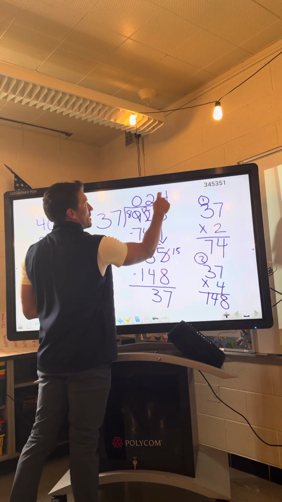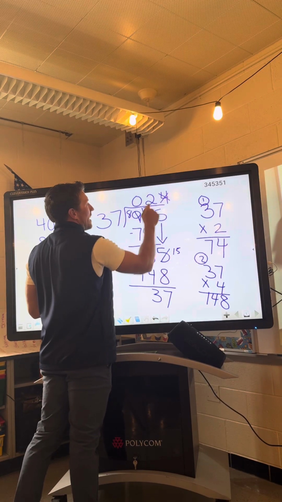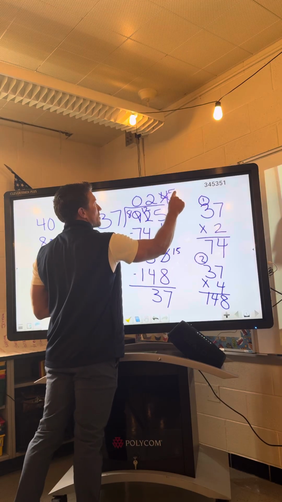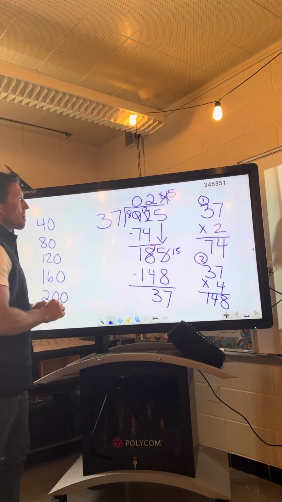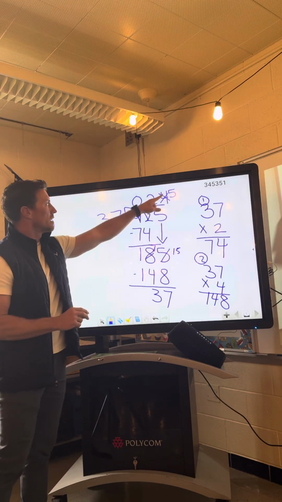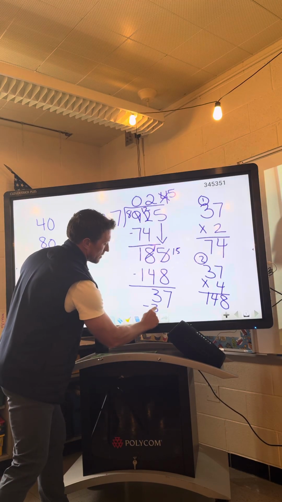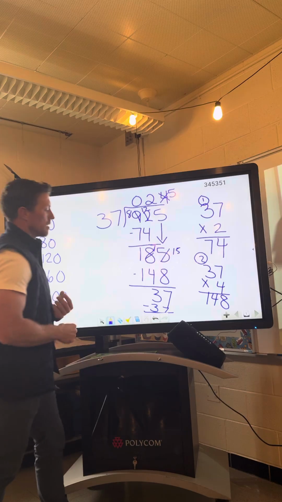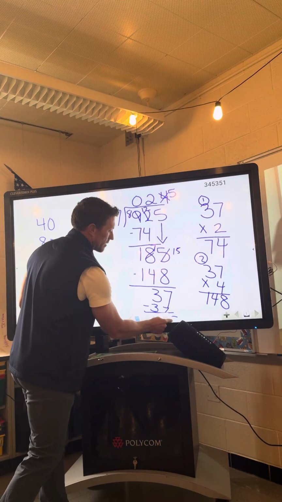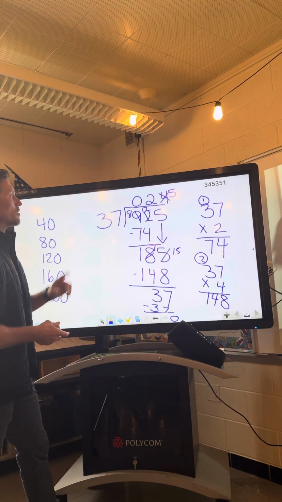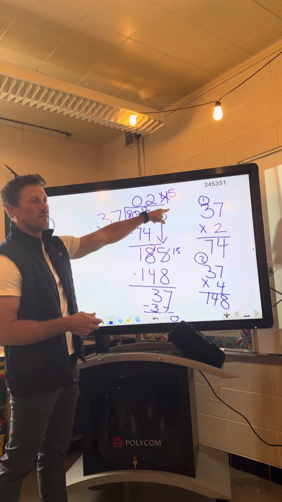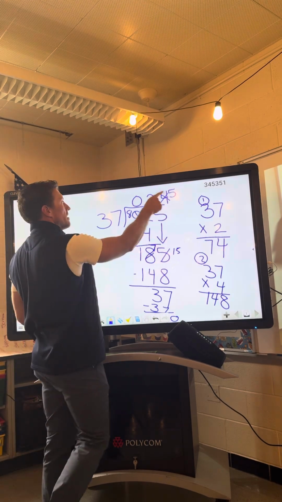So I would take this 4, and it's no longer 4, it is just 5, okay? And because I pulled 1 more group of 37 out, I would just subtract 37 more. So 37 minus 37 is 0. So my quotient is not 24, but it is 25.